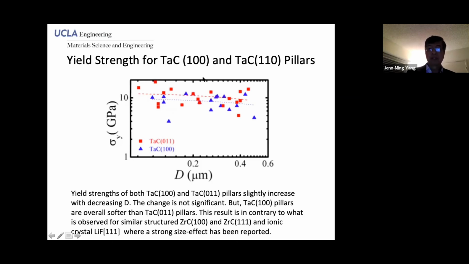But comparing these two crystallographic orientations, we found that tantalum carbide 100 pillars are overall softer compared to the tantalum carbide 111 pillars. And this result is contrary to what I just mentioned for the similar structure of zirconium carbide 100 and zirconium carbide 111.